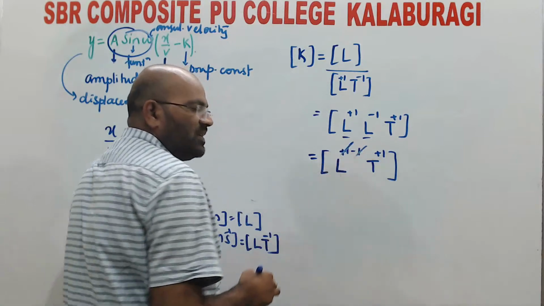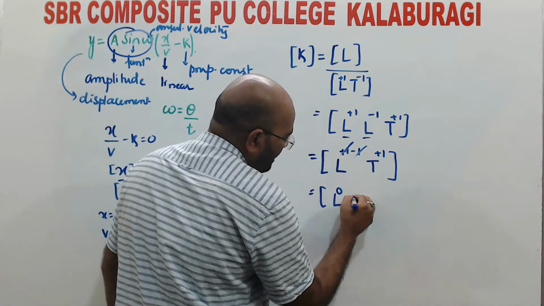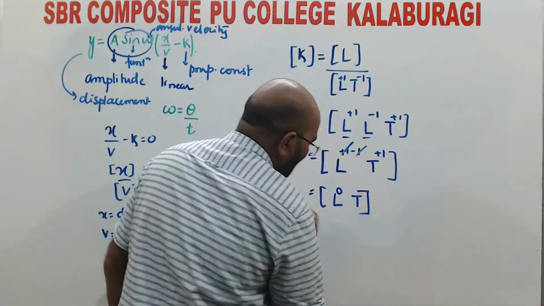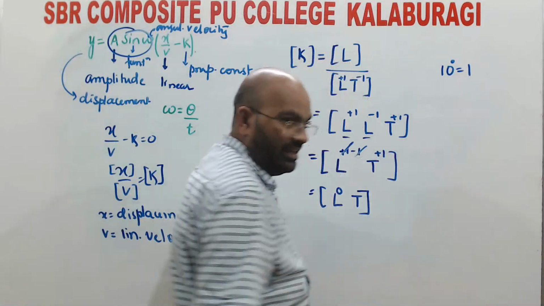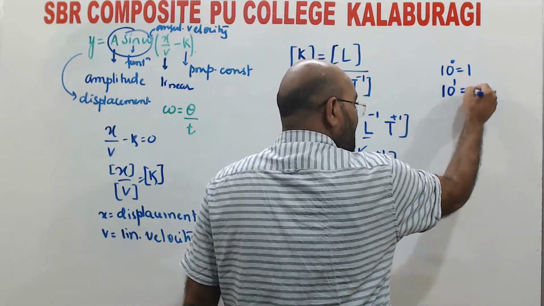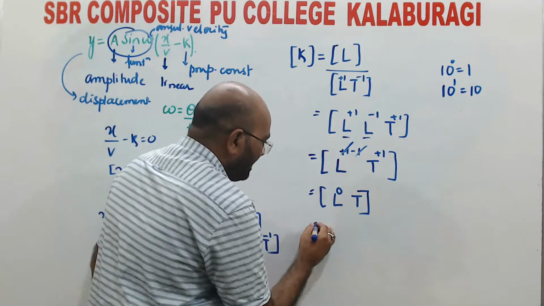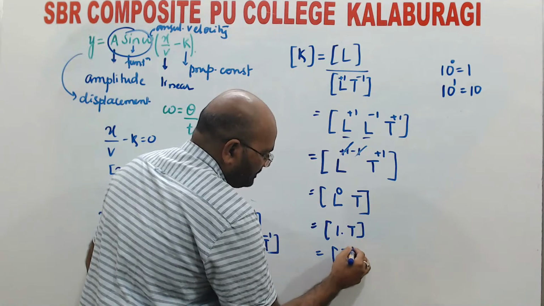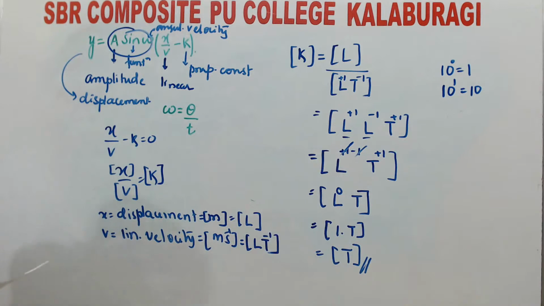Plus 1 minus 1 cancels, and this is equal to L power 0 t power 1. 10 to the power 0 is 1, and 10 to the power 1 is 10. Similarly, L to the power 0 is 1. We can write 1 into t, which is equal to t. You can judge the correct answer: it's option number 2.